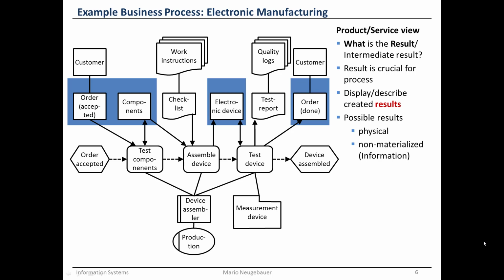Then the electronic device, which is an outcome of the assembly process step. And finally, the result of the overall process is the order which is done. So different results or different resources regarding the material which are referred here in this small business process.